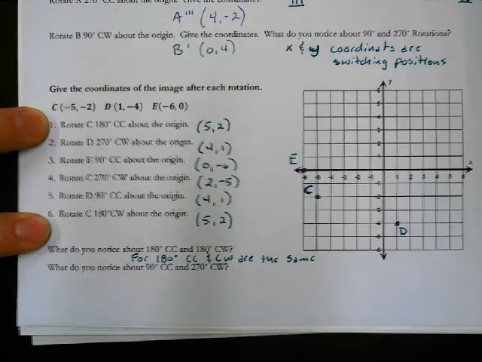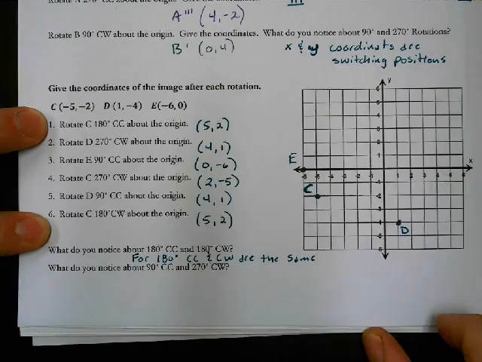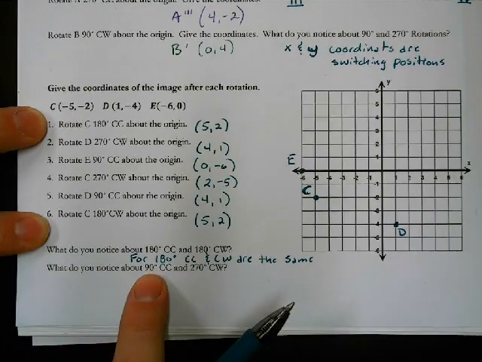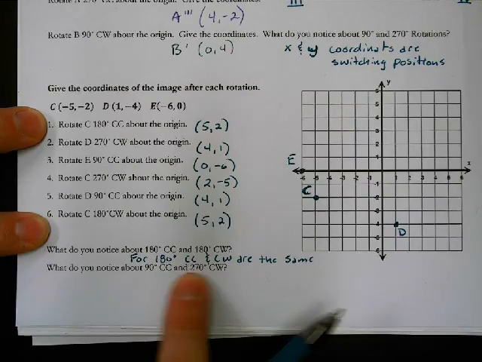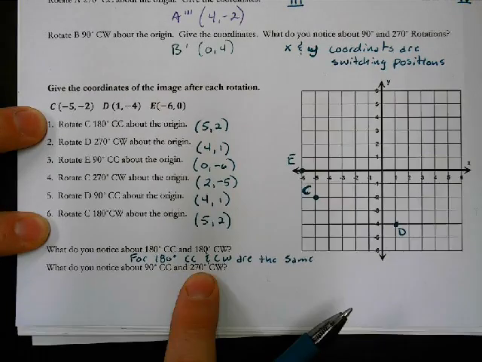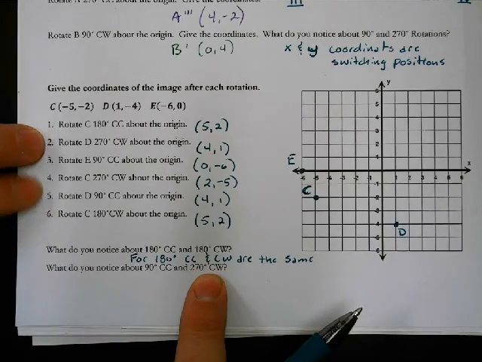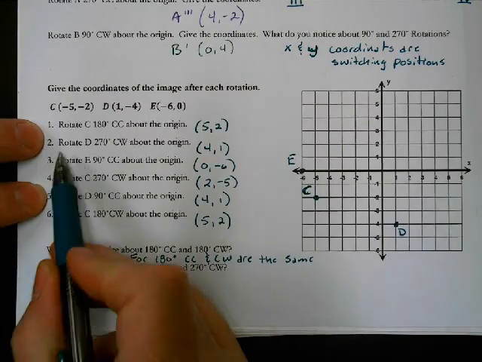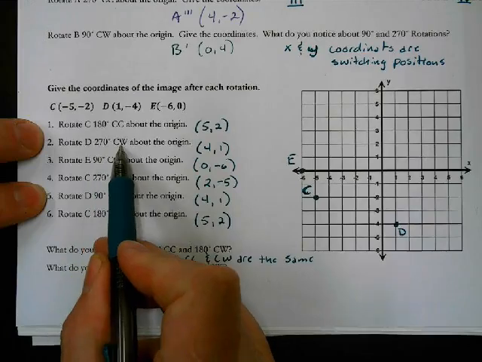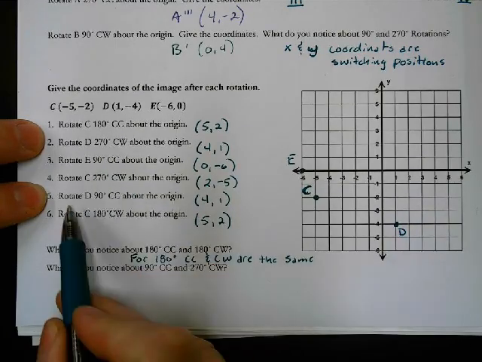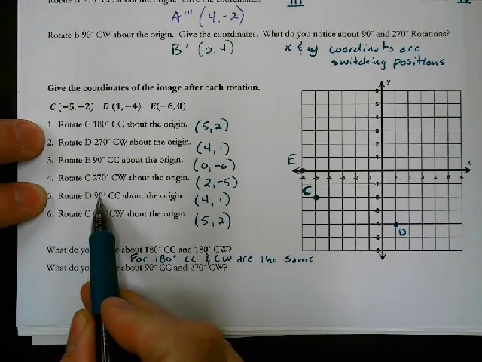What do you notice about 90 degrees counterclockwise and 270 clockwise? So let's see if we did anything like that, and we did. We rotated D 270 clockwise, and we also rotated D 90 degrees counterclockwise. And look what happened. 4, 1, 4, 1.